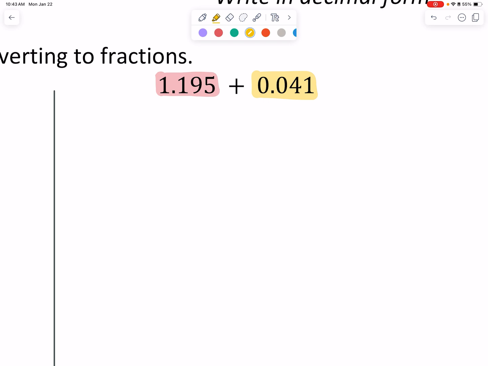All right, so 1.195. That's going to be a whole number 1 plus that second 1 is going to be 1 in the tenth spot, plus 9 in the hundredth spot, plus 5 in the thousandths spot.